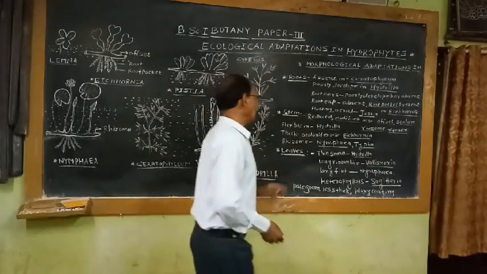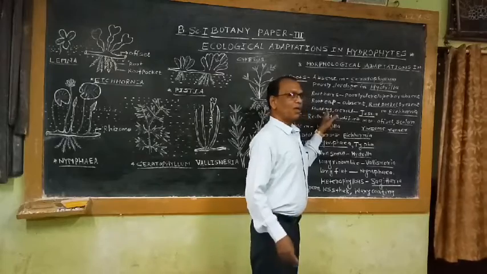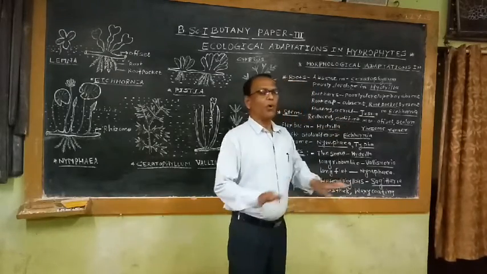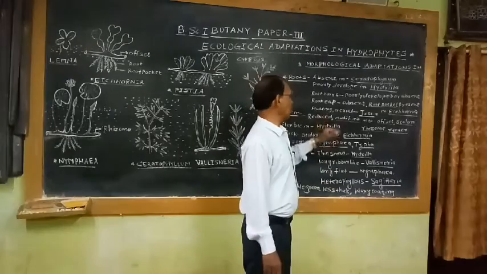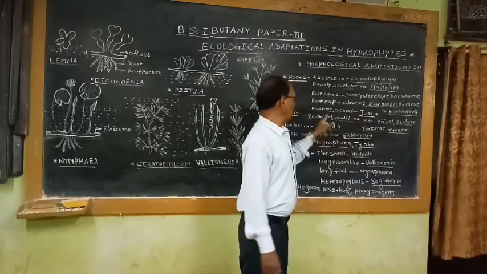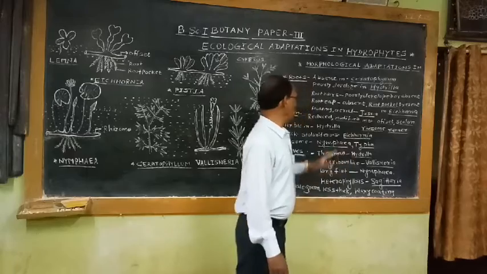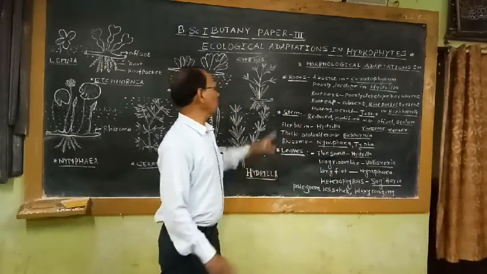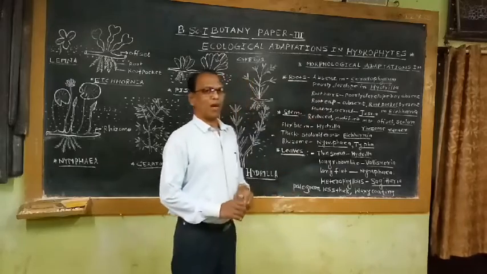Due to the storage of air, these roots play an important role in keeping the plant body floating on the surface of water. That means aerial, floating roots are found in this Jussiaea plant. So this is about the adaptations in the root system of some hydrophytic plants.